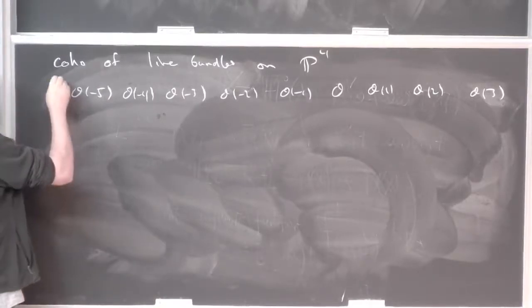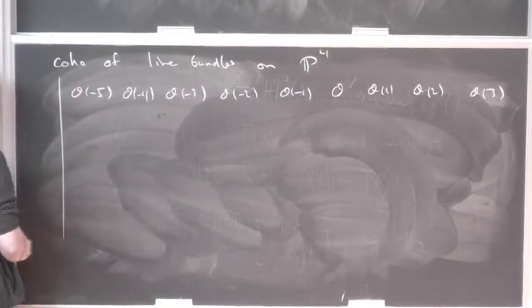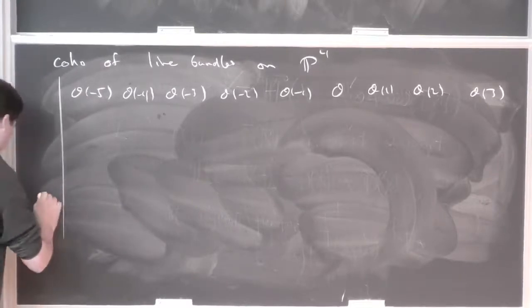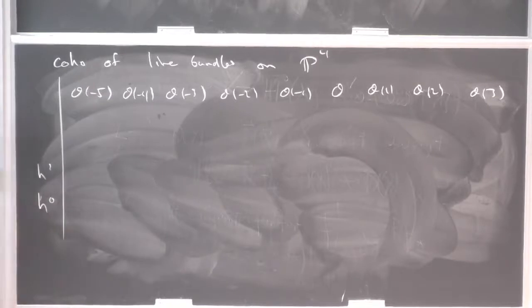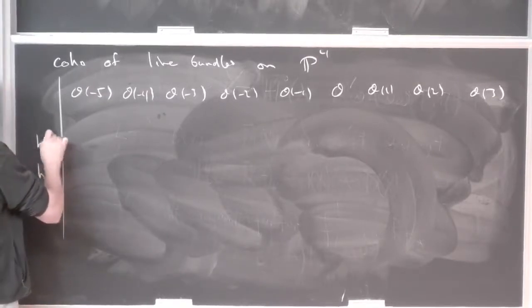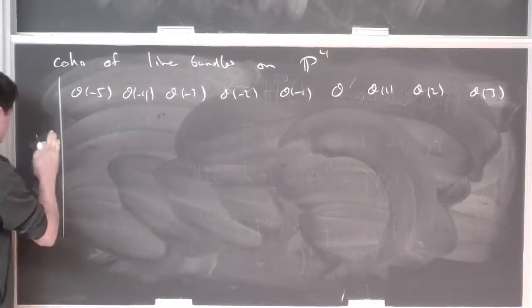I'll probably need more than these, but this is enough for now. So I want to write down the dimensions, and I want to think of H0 as being at the bottom. So little h0 just stands for the dimension of big H0. H1, H2, that's more space.